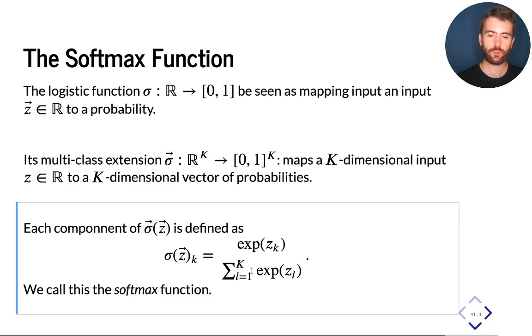So in order to obtain this expression, we have exponentiated all the components of z, and then we have normalized them by their sum, such that the sum across all the components of this new vector sigma of z equals 1. This is called the softmax function. There are also other ways of deriving this function, but this is an intuitive explanation for why it's reasonable.